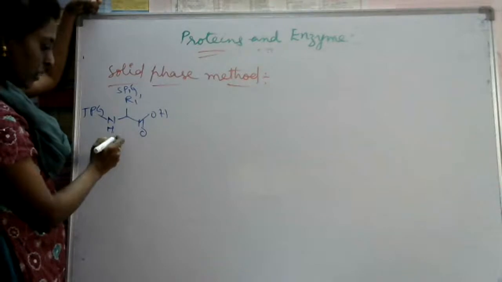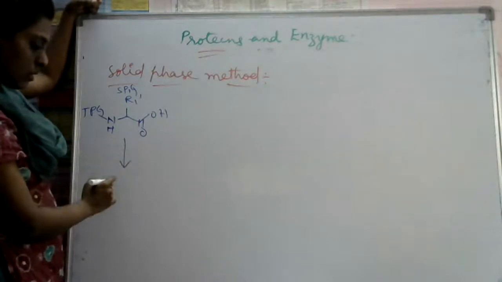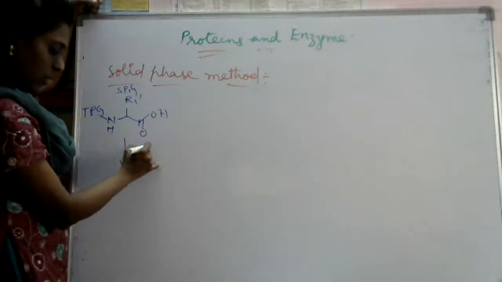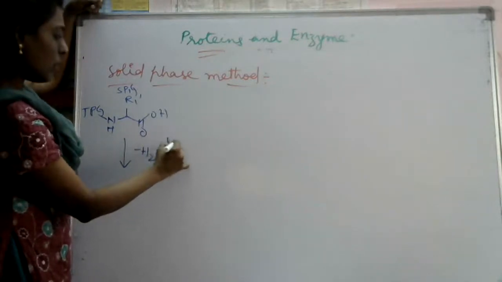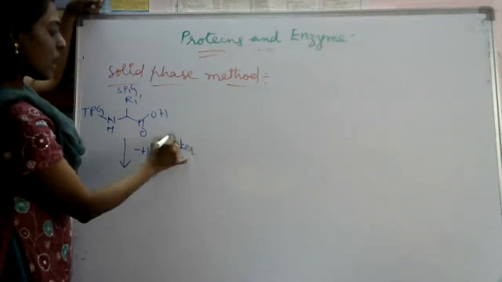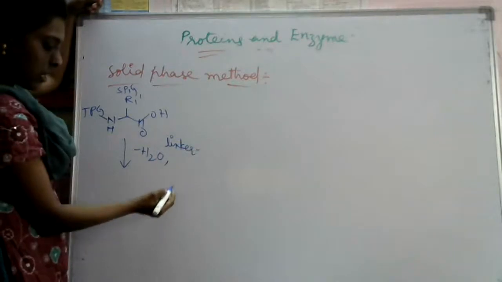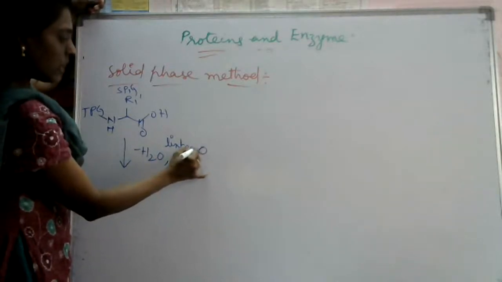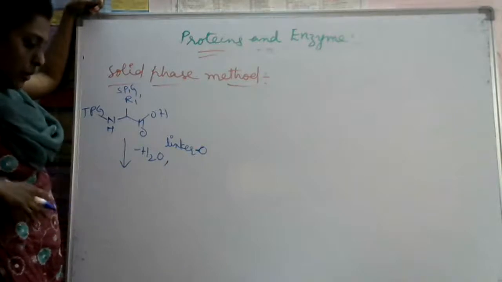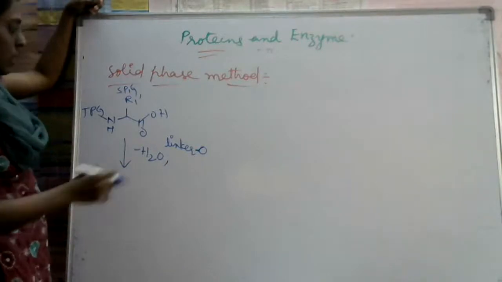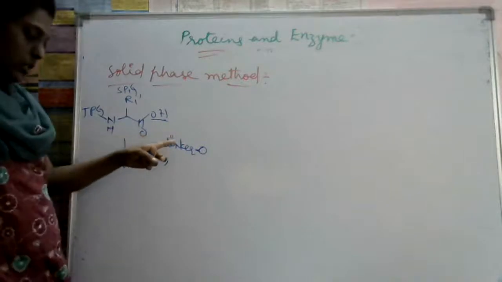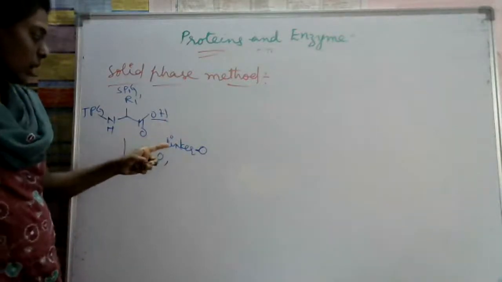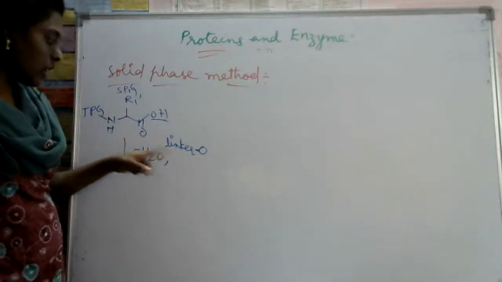Next, by removing a water molecule, here we have to add the linker. To add the linker, we have to eliminate this H and this H, which is the hydrogen present in the linker.